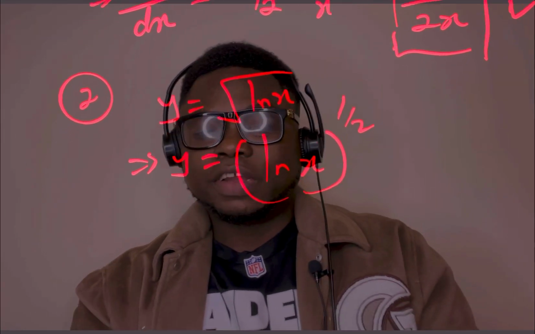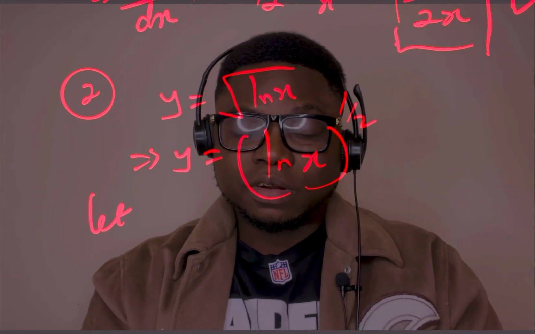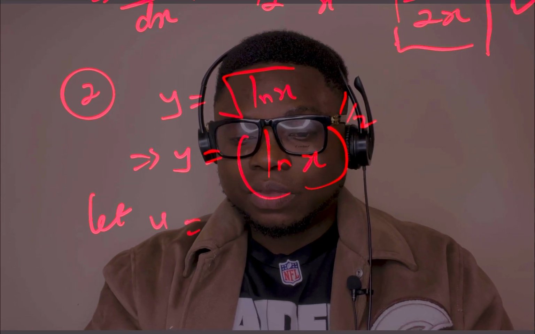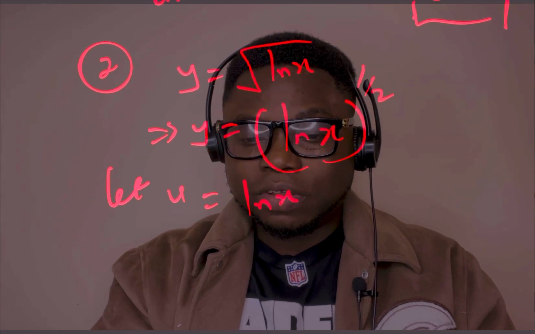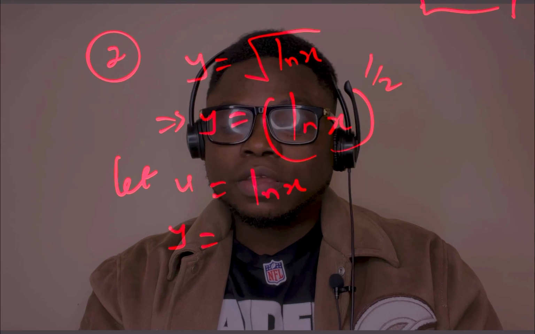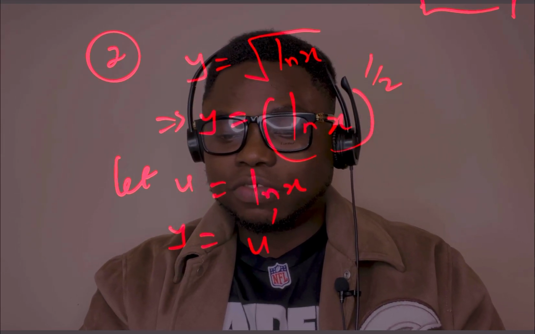So for me to use chain rule, I'm going to introduce a third variable. Let u be equal to ln x. If u is equal to ln x, that means I'm replacing ln x with u, so y is going to be u raised to the power of 1 over 2.